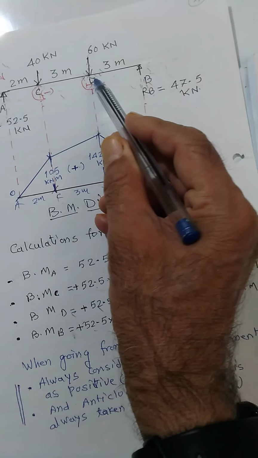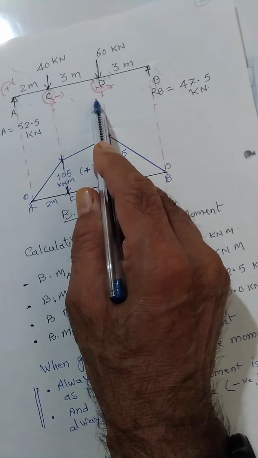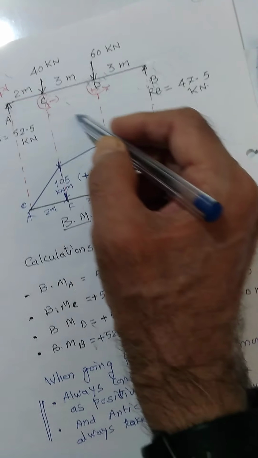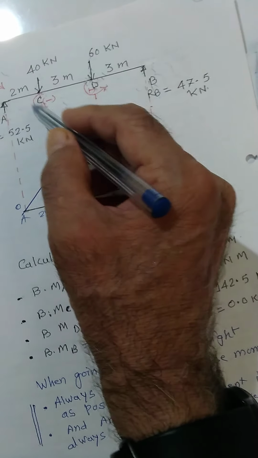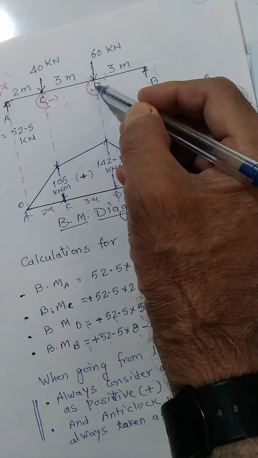If I take the moment at D, the bending moment at D starts again from A. That is RA into this distance clockwise and 40 into this distance, because taking the moment at this point it is anti-clockwise, and 60 into 0.